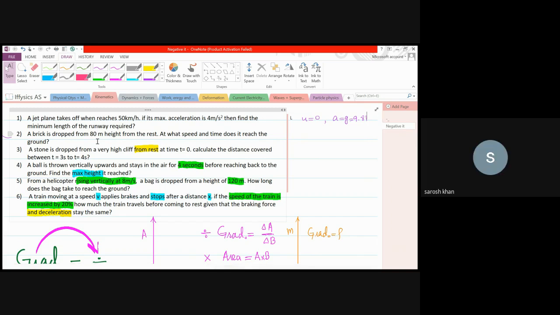I use the second formula, S equals UT plus half AT squared. Very good, correct. Now, can you suggest the values to be substituted? We substitute the initial velocity, acceleration, and time will be 4 seconds.